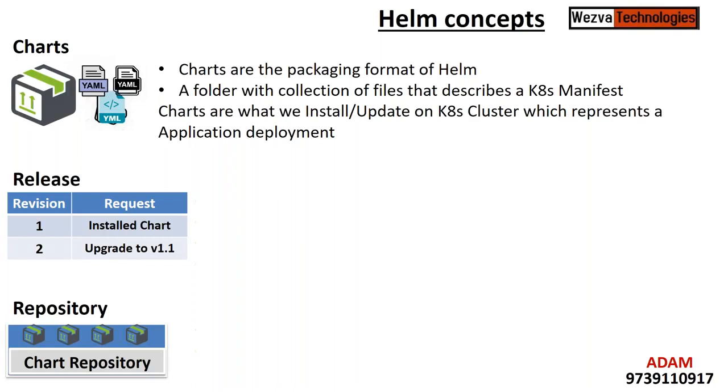So what exactly does the chart contain? Now, unlike your package manager in an OS, where if you say install JDK or install Ansible, I'll actually have my libraries inside it, in Kubernetes and in Helm, if I say a chart, we will not have our application there. What are we going to have?